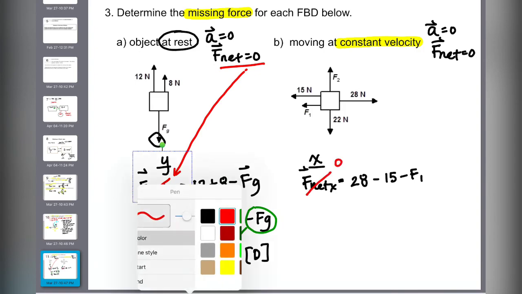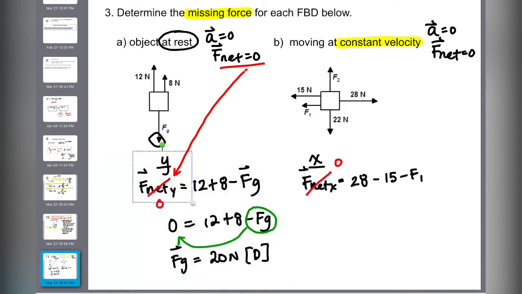So 0 equals 28 minus 15 minus F1. Rearrange the equation. F1, bring it to the left-hand side, is 28 minus 15. So it equals 13 newtons. And then look at the direction. F1 is going to the left, so I'm just going to put left.